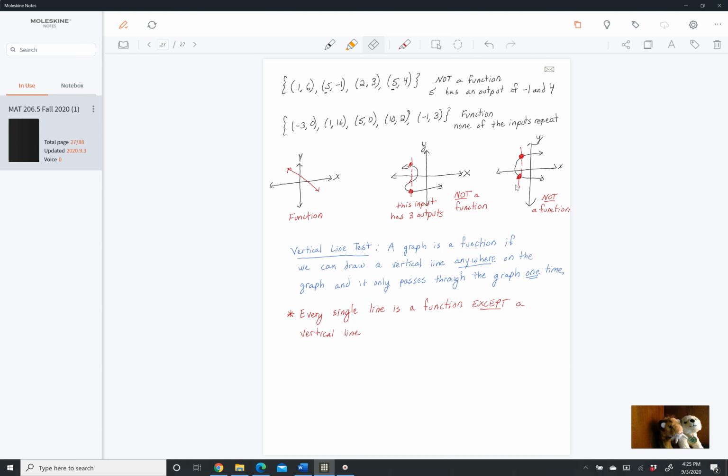Okay, and that would make sense because if we drew a vertical line at that vertical line, they pass through each other an infinite number of times. So every single line is a function except a vertical line.